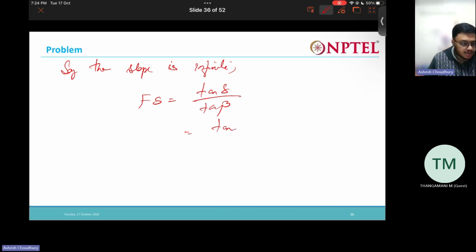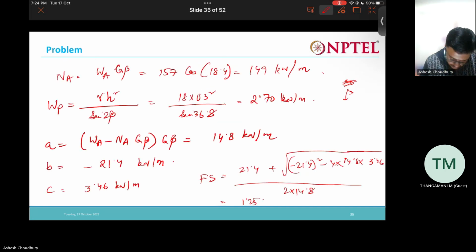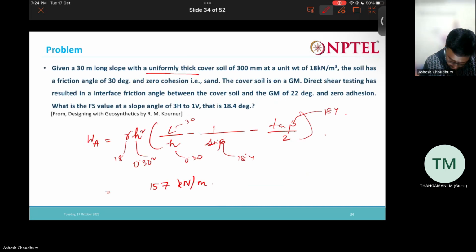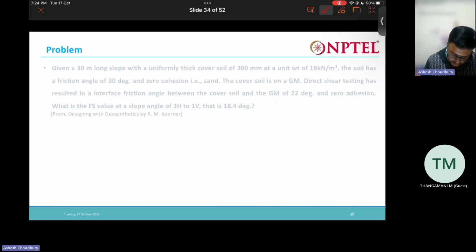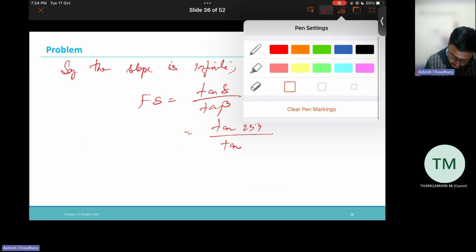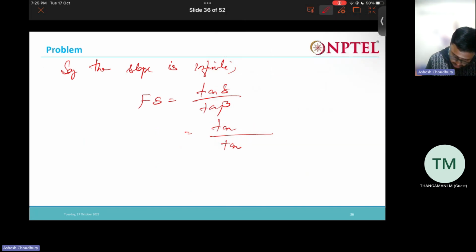What is delta? Delta is 22 degrees. Sorry, 22 degrees is the angle, right? Not 23.4, it is 22. And what is beta? Beta is 18.4. So how much is the factor of safety?